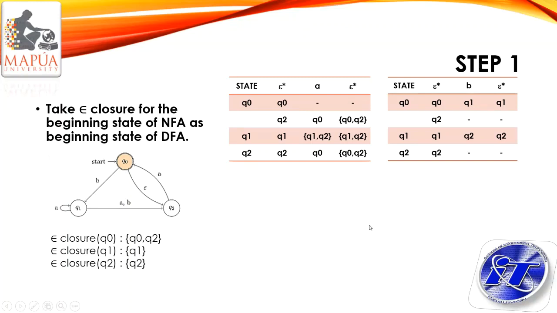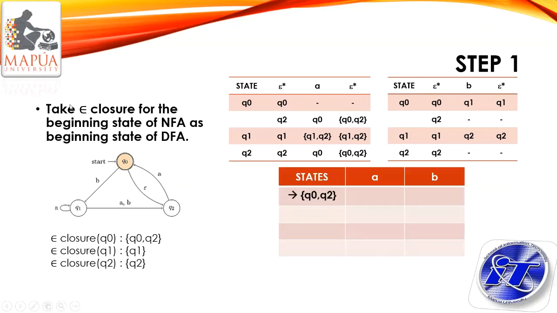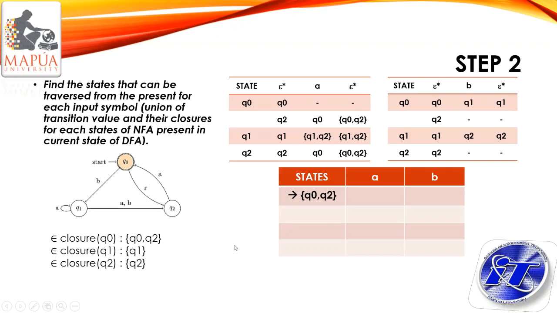So now let's proceed in creating the DFA table. Since Q0 is equivalent to Q0, Q2, this will be our new initial state and final state. If it's A, it will go to Q0, Q2 based on this table, and if it's B, it will just go to Q1.